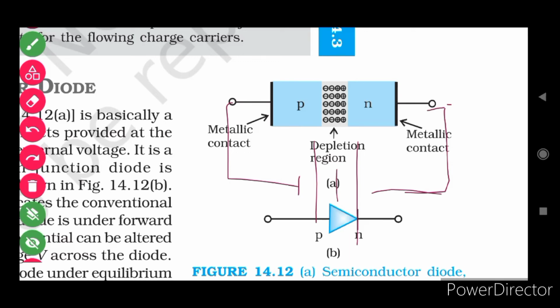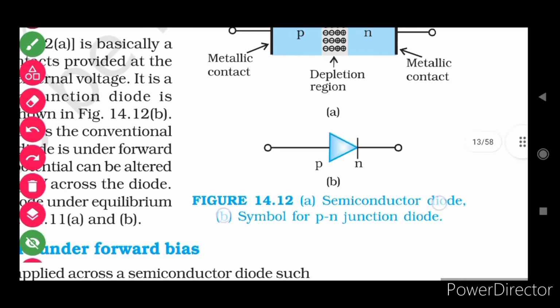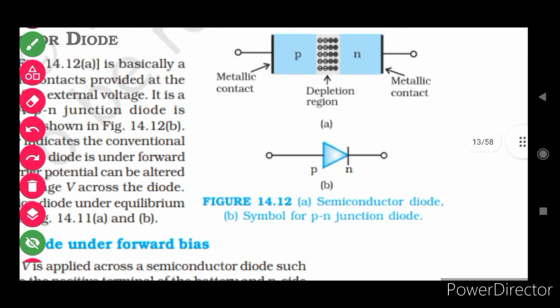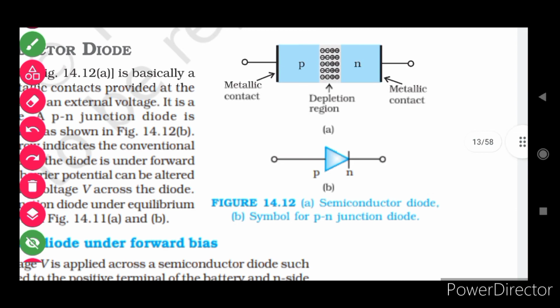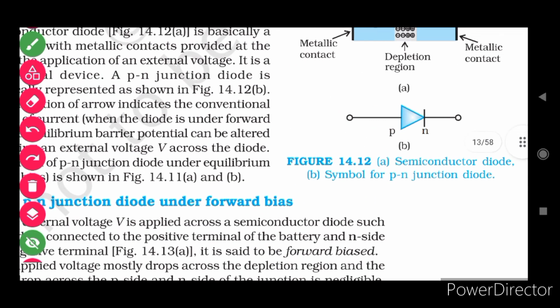So we can connect the battery in two ways, forward biasing and reverse biasing. Normally in forward biasing, the direction of the current will be from this side. So this is the diagram, this is the symbol for the diode. You see, this is the p type semiconductor here and n type semiconductor here.